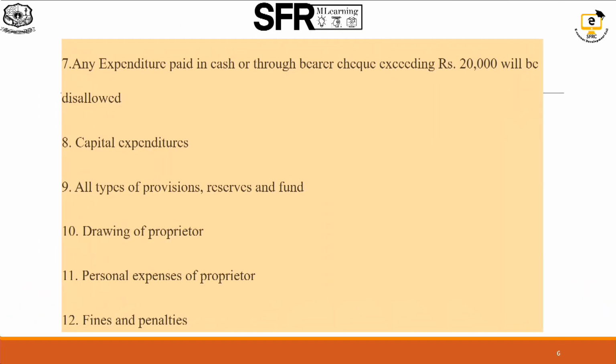Apart from that, any expenditure paid in cash or through bearer cheque exceeding rupees 20,000 will also be disallowed.